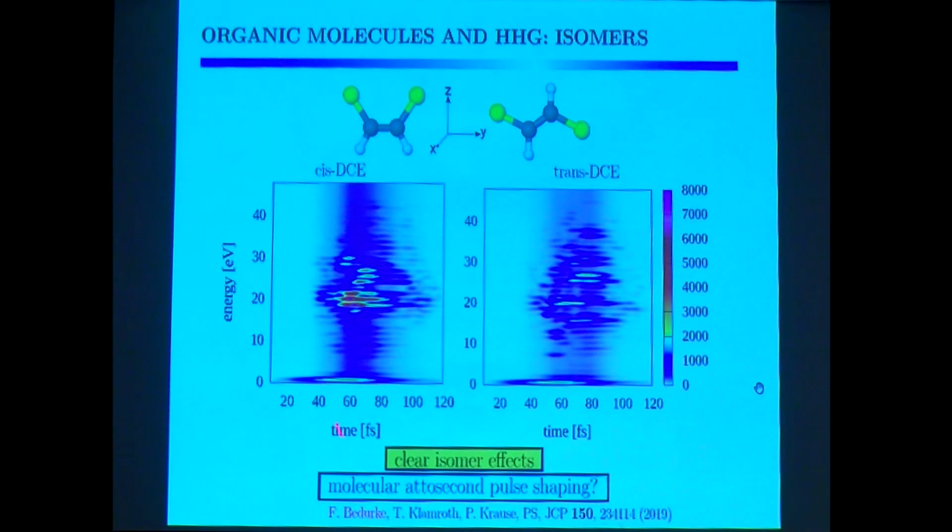And you can not only do it in an energy-resolved fashion, as I just did, you can also do this in a time-resolved fashion and really see differences between different isomers. And we suggest that this technique, high harmonic generation, can also be used to distinguish organic isomers, an idea which has not been exploited so far as I know.